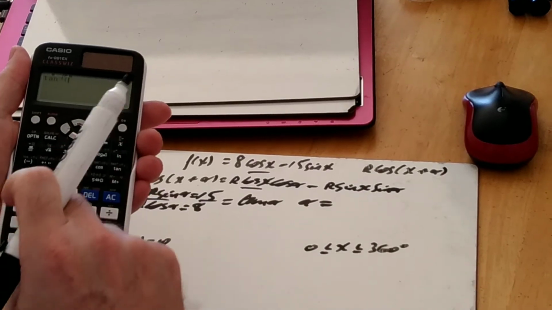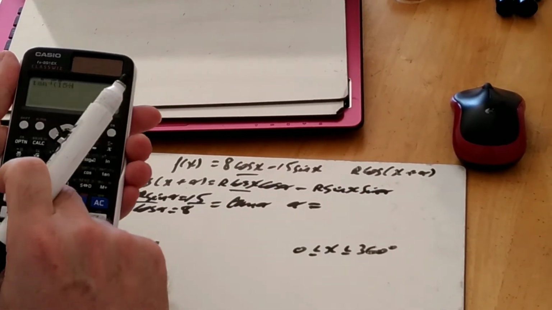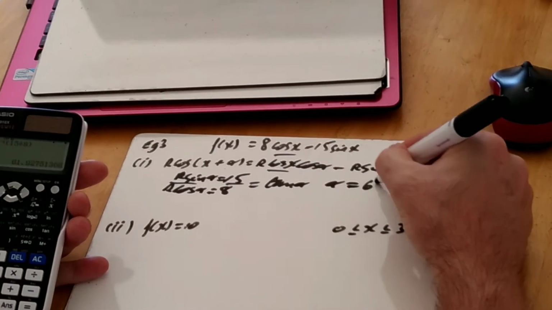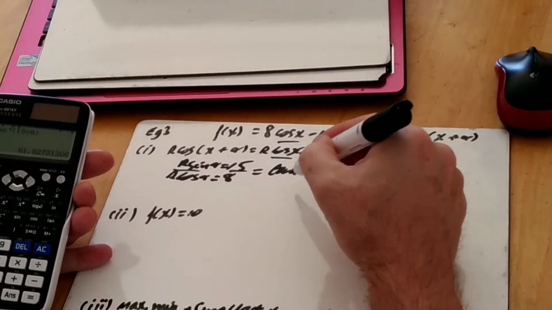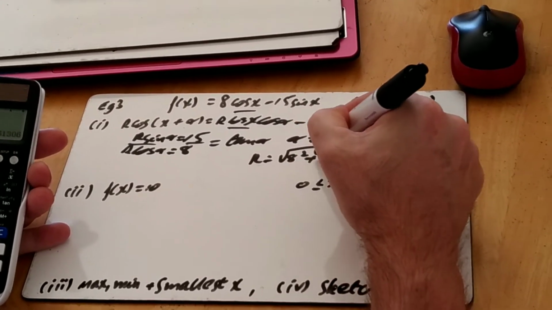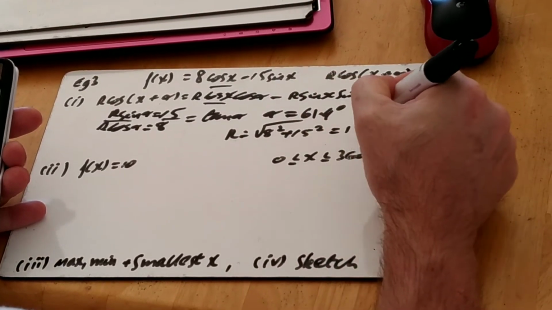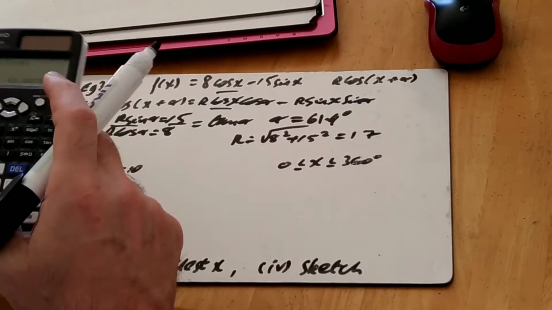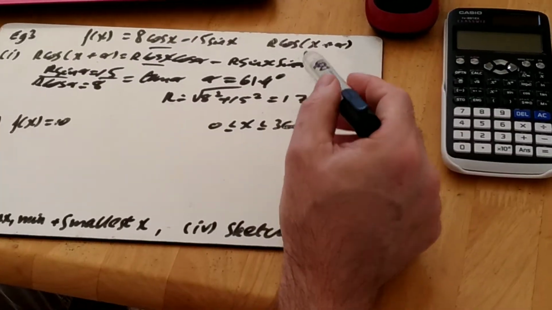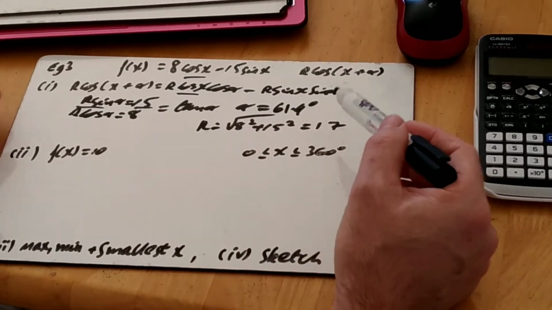And then shift tan 15 divided by 8, close bracket, equals 61.9 degrees. And r by Pythagoras is root 8 squared plus 15 squared, which is 17. So I can rewrite it then as 17 cos(x plus 61.9 degrees).